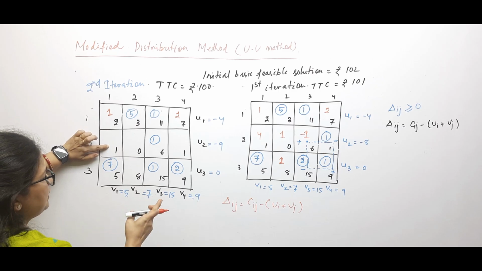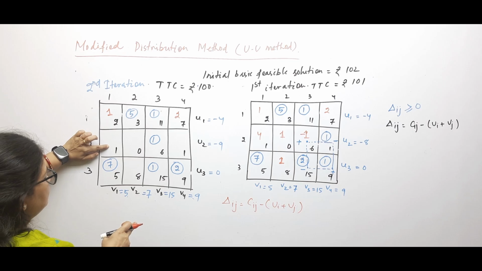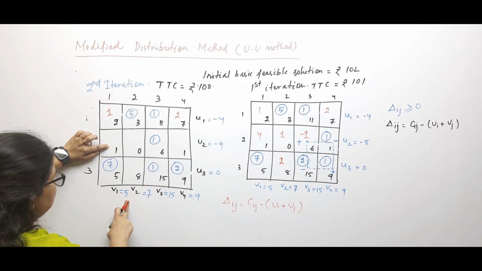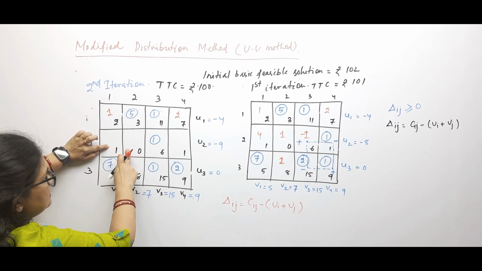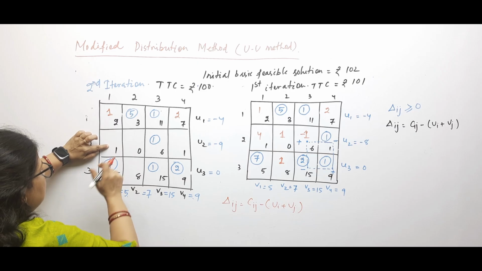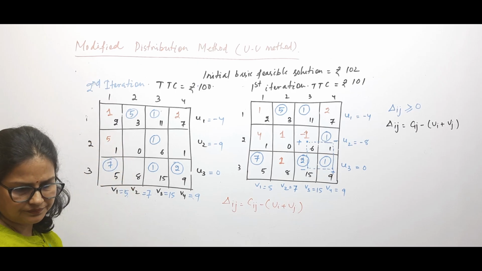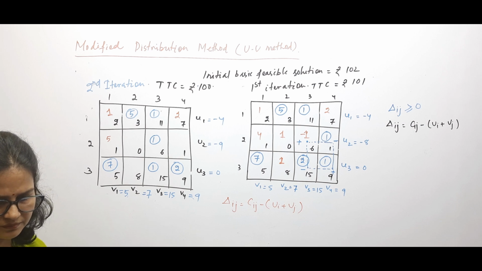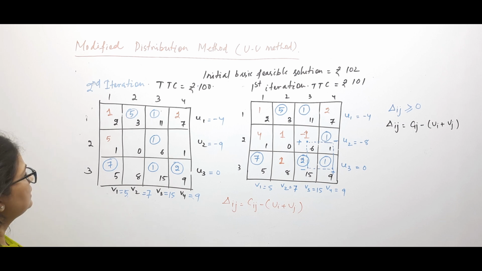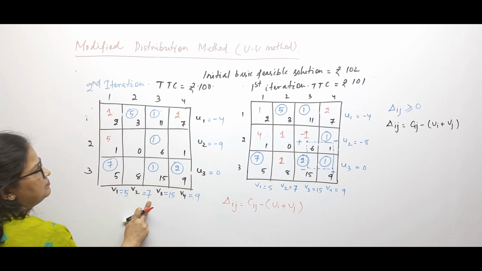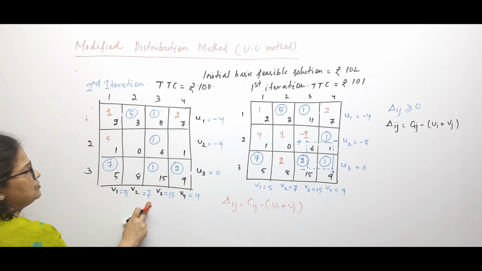So 1 minus minus 4, that is 5. Here minus 9 plus 7 is minus 2.